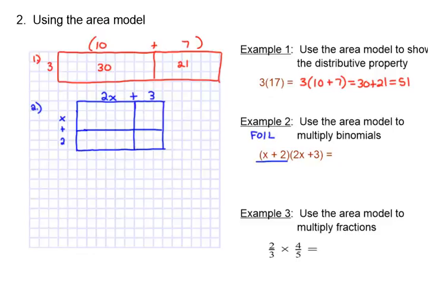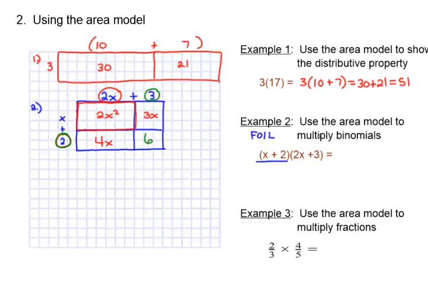Alright, so what I'm saying here is, in this box, we are going to take x times 2x, which is 2x squared. Then in this box, it's x times 3, which is 3x. And then in the bottom, we have 2 times 2x, that's 4x. In the last one, we have 2 times 3, which is 6.